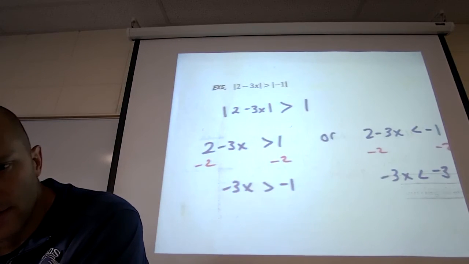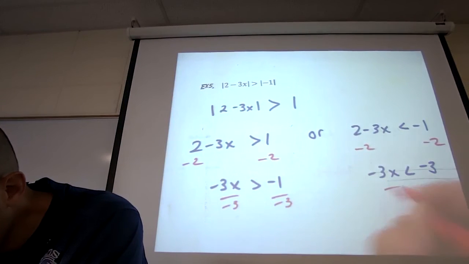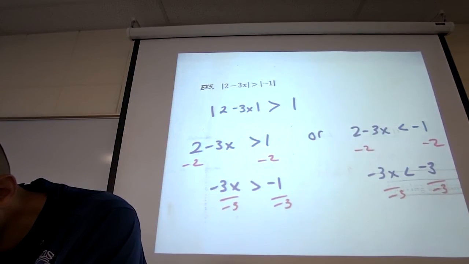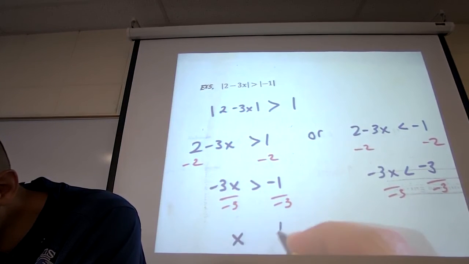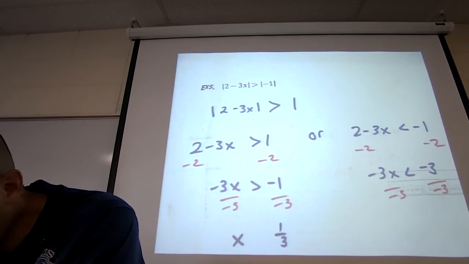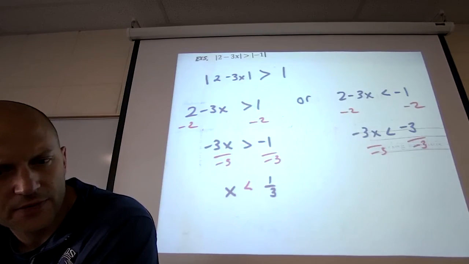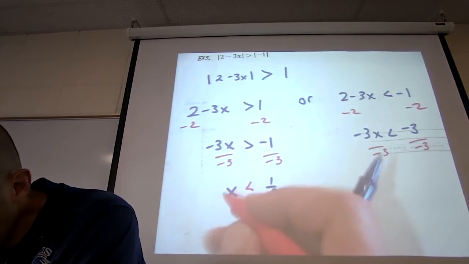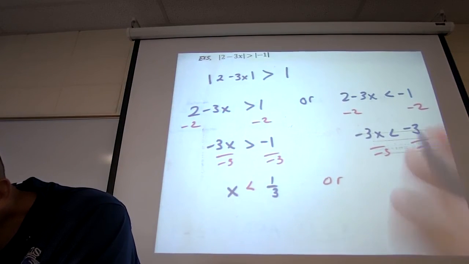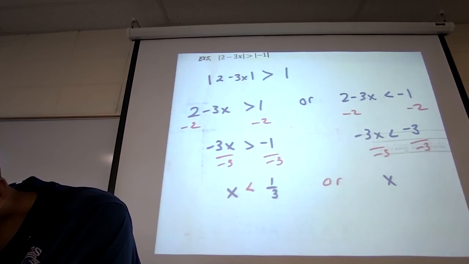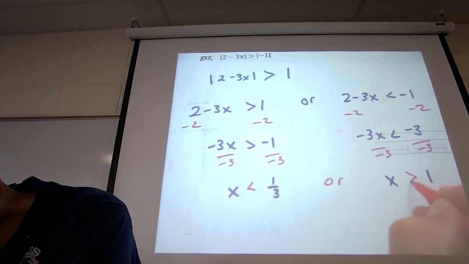And then my last step, I divide by -3. -1 divided by -3 is positive 1/3, but I've got to flip the sign. I just divided by a negative, I got to flip that guy. So I get x is less than 1/3, or over here I got x, -3 divided by -3 is 1, but that less than has now been flipped to greater than.